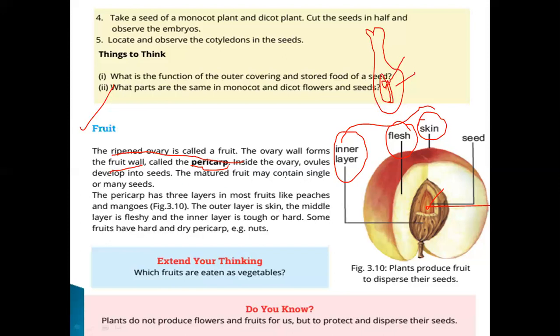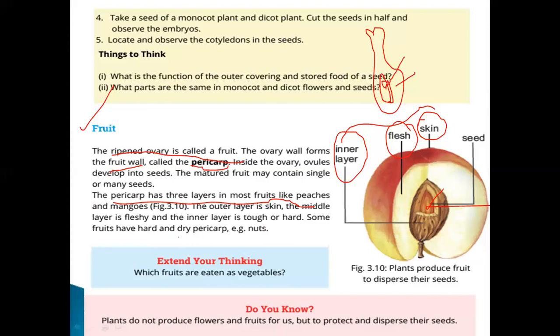The mature fruit may contain a single seed or many seeds, like mango, plum, and apricot have one seed, but oranges and papaya have lots of seeds as well. The pericarp has 3 layers in most fruits, like peaches and mangoes. The outer layer is skin, the middle layer is fleshy, and the inner layer is tough or hard.